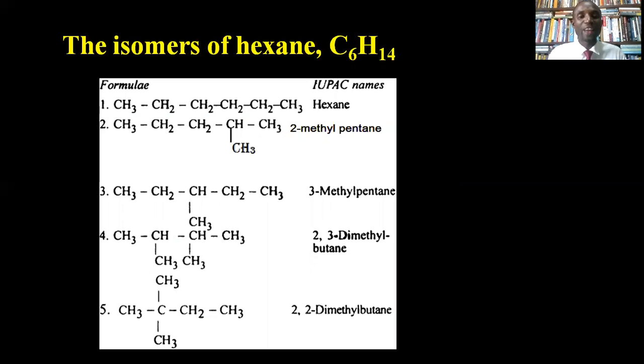It's also an isomer of hexane. The next one, we have 3-methyl-pentane. It's an isomer of the first one. The fourth structure, we have 2,3-dimethyl-butane and 2,2-dimethyl-butane. These are isomers of hexane. And that is what we mean by chain isomerism.